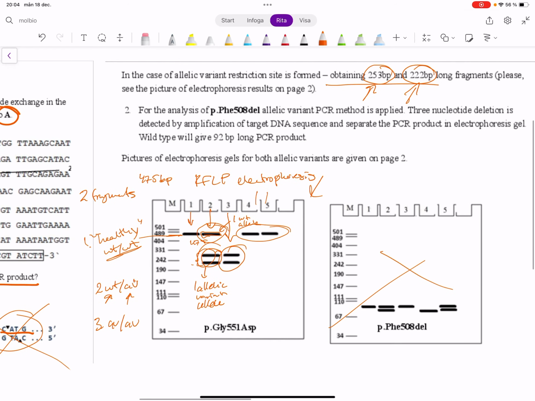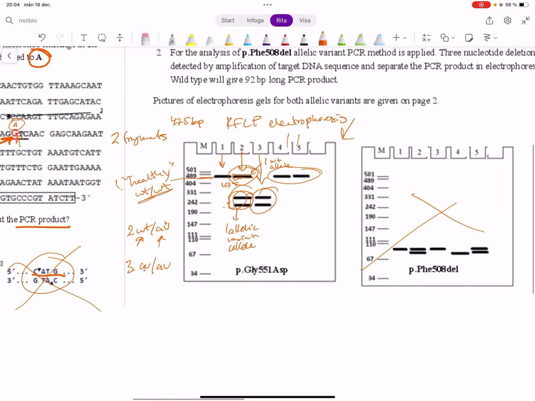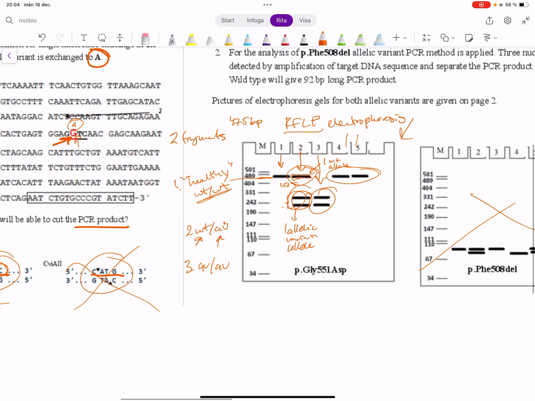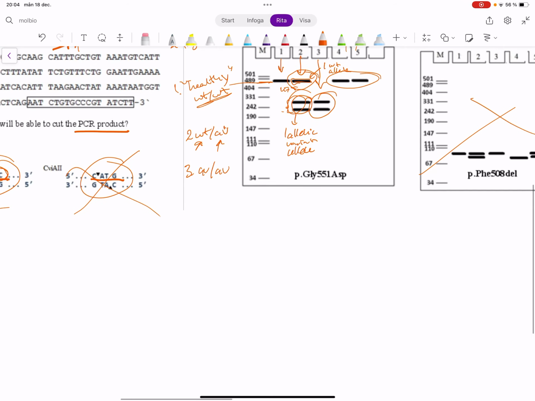Now, I have told you in the beginning that you can use RFLP to either cut a wild type sequence or you can cut an allelic variant. So if we want to know if somebody has an allelic variant, let's say the healthy sequence is ACTG.